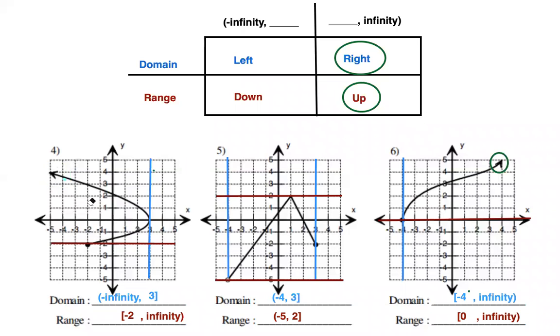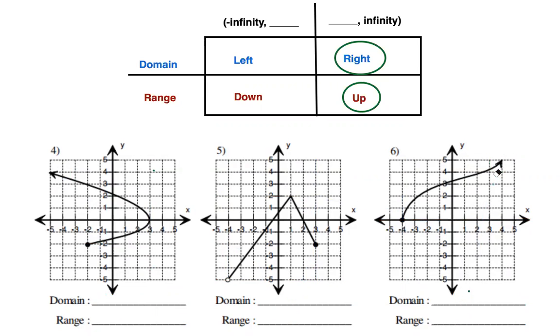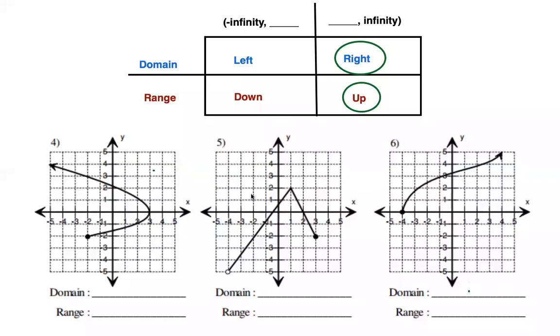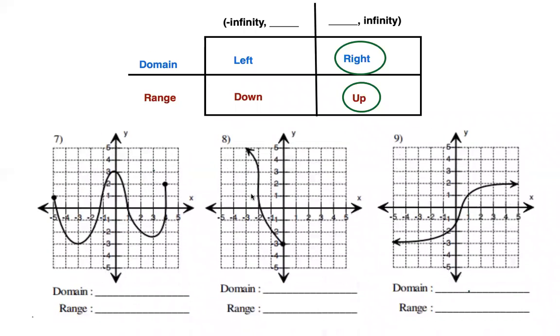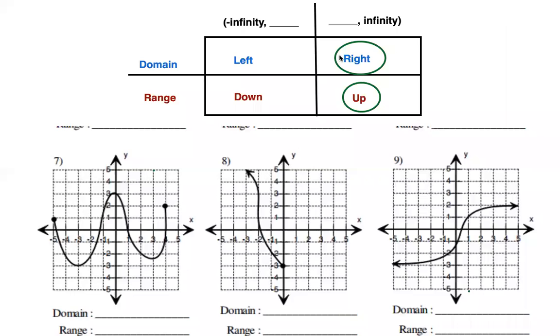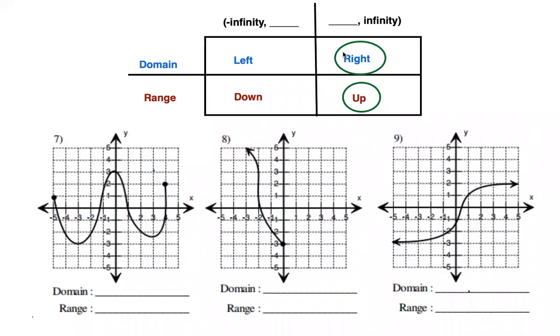Let's finish up with 7, 8, and 9. Seven, we have no arrows, so we can just draw our lines. We start at -5, and we go all the way until +4.